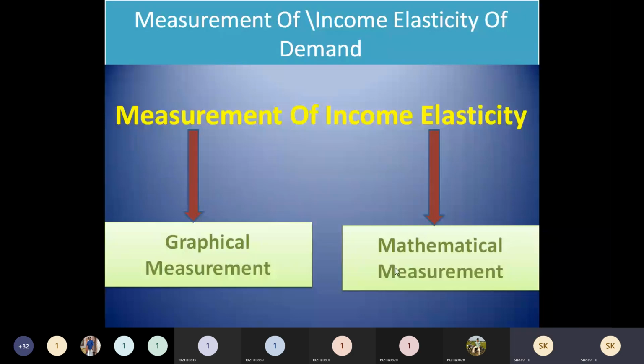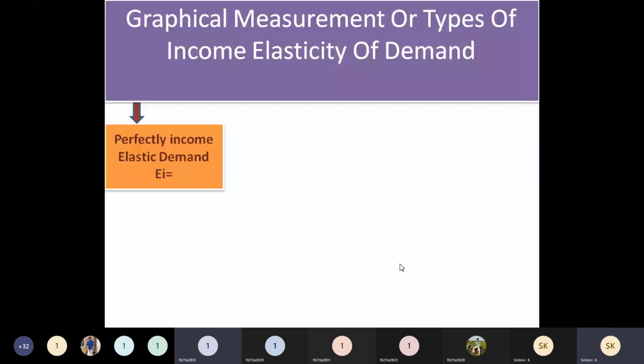And next comes perfectly income inelastic demand. Here EI is equal to 0. Relatively income elastic demand, here EI is greater than 1.